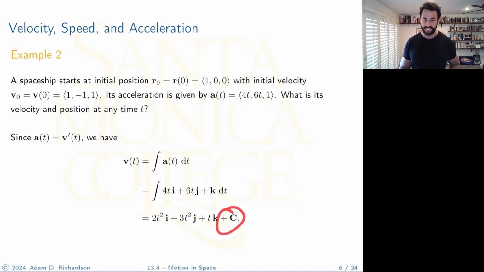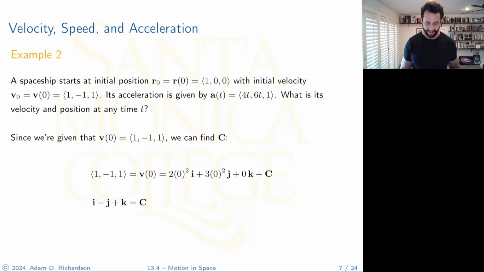The plus c accounts for all the possible results you could get from this anti-differentiation process, and this is why you need an initial condition. We have a family of potential velocity vectors, so v of t is equal to this, but now we need to solve for c. The initial condition will tell you what value of c you have. It takes that family of functions and locks it into a single function.